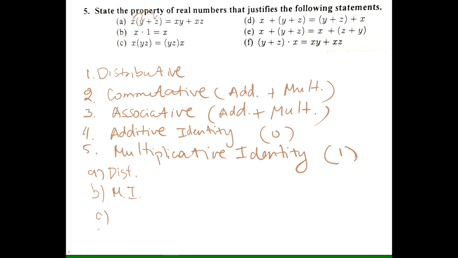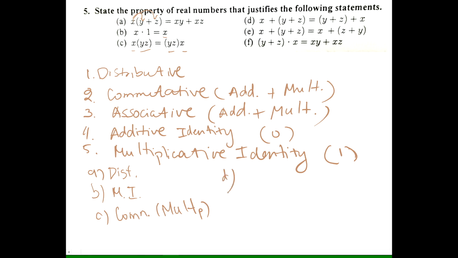Part C, I see I have 2 terms, x and y plus c, and on the other side of the equation I see y plus z times x, so all that has happened is these terms have switched places. So this would be the commutative property of multiplication, since we're dealing with multiplication.